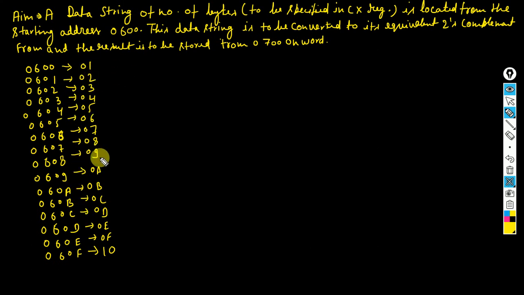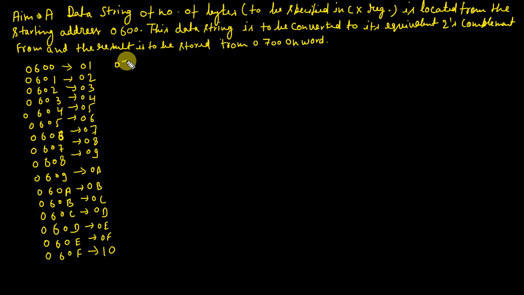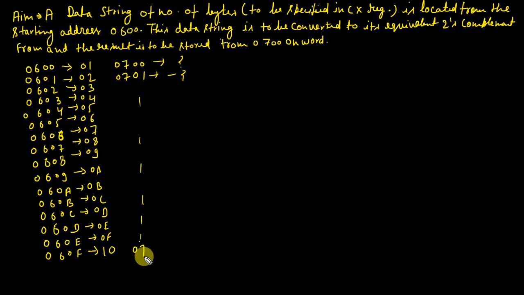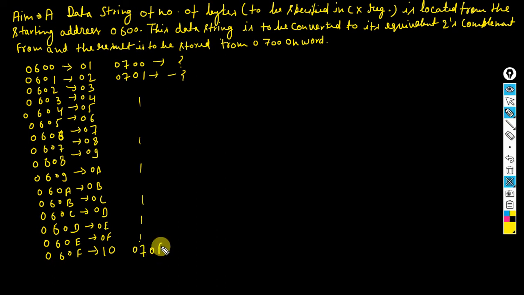In this string we stored some data, and after the execution of the program your result will be stored from this memory location, 0700, 0701, up to 070F.